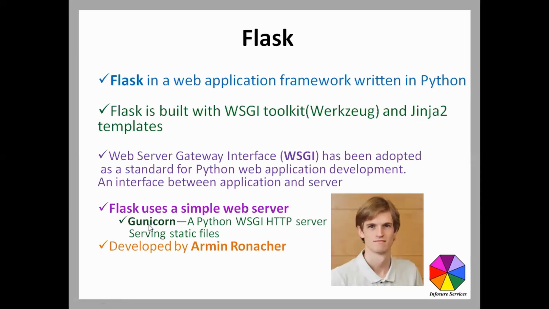So this is for production, whereas Flask has a development web server by itself. Flask contains the WSGI toolkit called Werkzeug and a Jinja 2 template. We'll see that in detail in the later slides, but this is the high level.